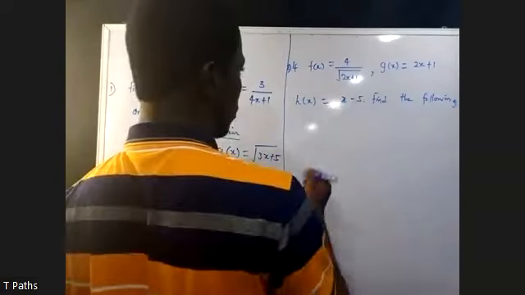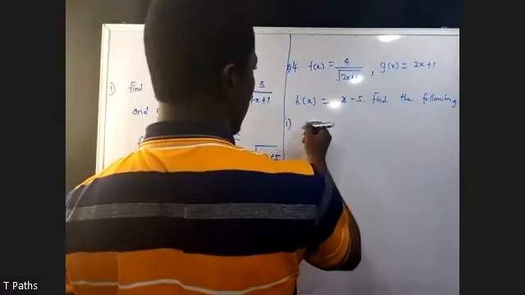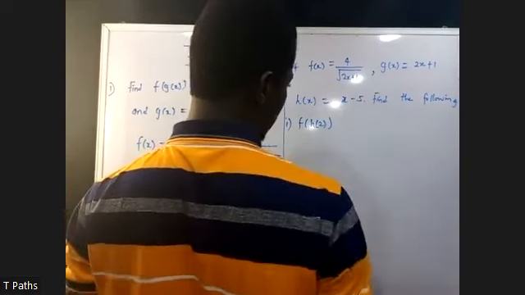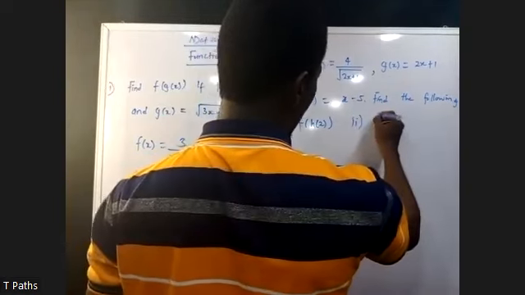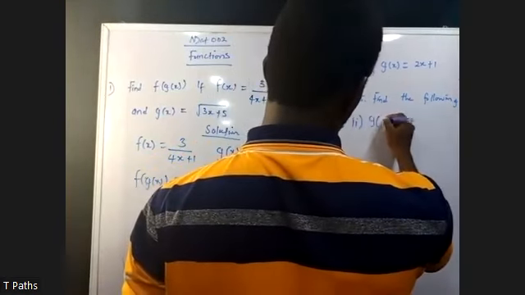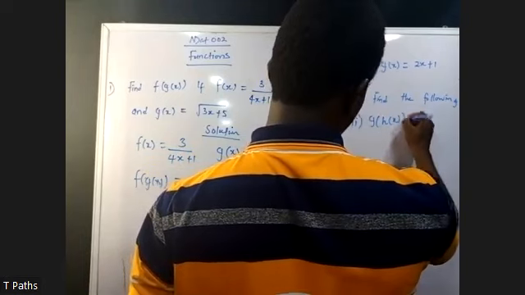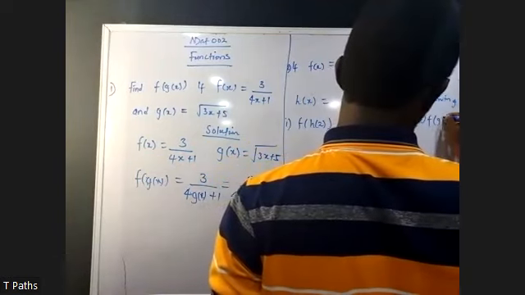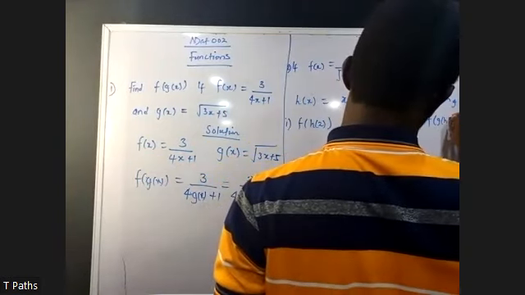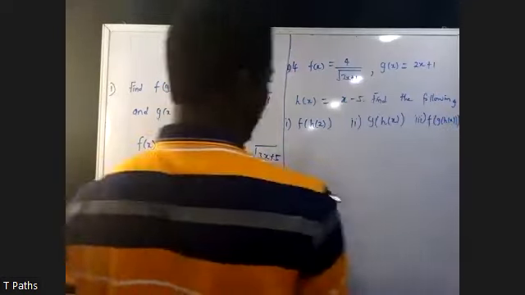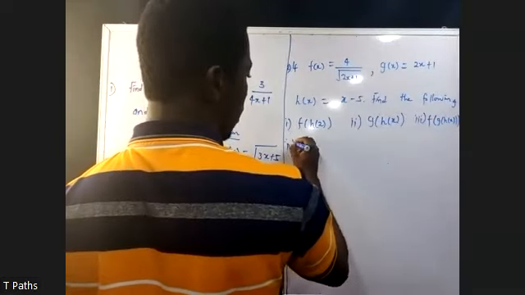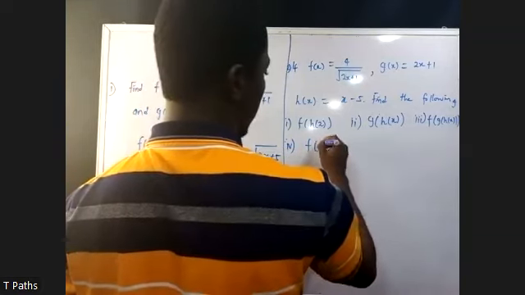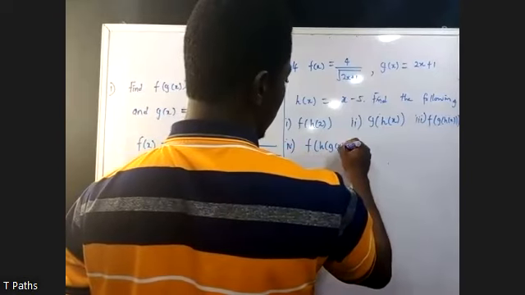So I have: f of h of 2, g of h of x, f of g of h of x, and iv, f of h of g of x.